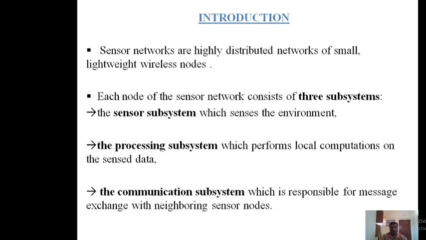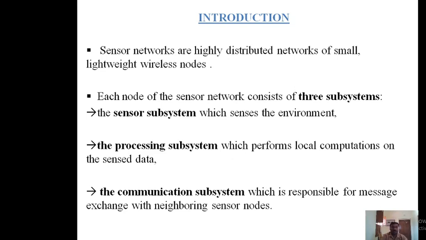The third subsystem is the communication subsystem, which is responsible for message exchange between neighboring sensor nodes. So these are the three subsystems mainly used in sensor networks.